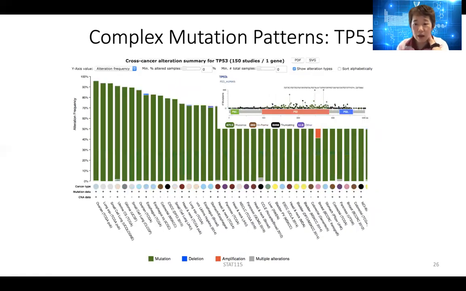There are some more complicated patterns. For example, this one, you see P53, it's a very well-known cancer gene. In all the cancers, you don't see a lot of copy number change, but if you look at the mutations, there seem to be a lot of truncations early on, but then there are also missense mutations that happen 400 times. For this gene, there's some hypothesis that the wild type gene is a tumor suppressor.